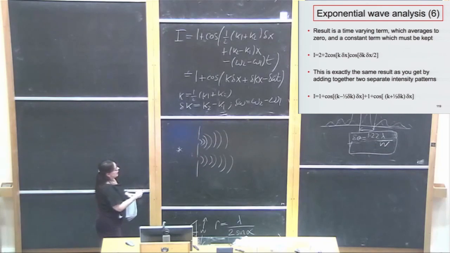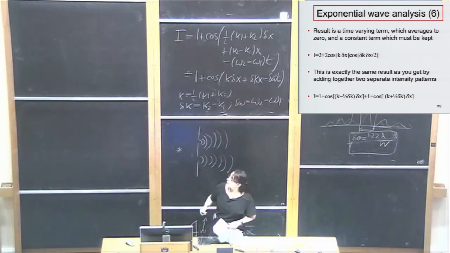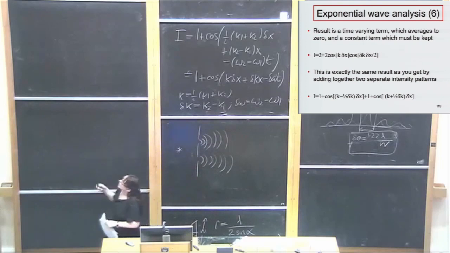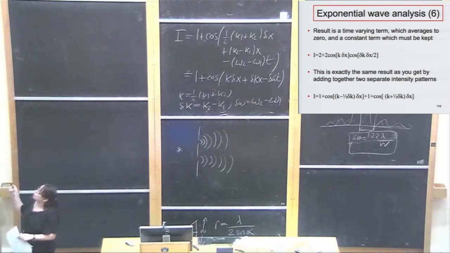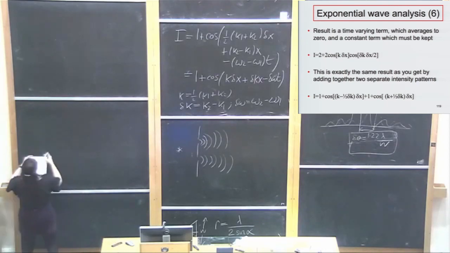So taking into account both the optical path difference coming from the two slits and, of course, the fact that they don't have the same wave numbers and angular frequency. When you do that, you get some term that is time varying that actually just averages to 0, and then you're left with just that term. That might not be completely obvious, but that is exactly the same result, which I shall show you now, as the result for two separate intensities.